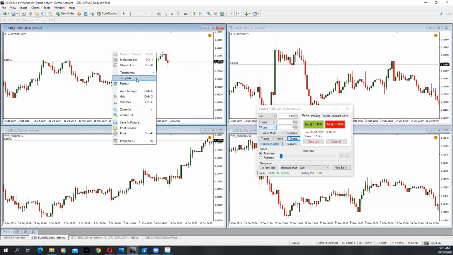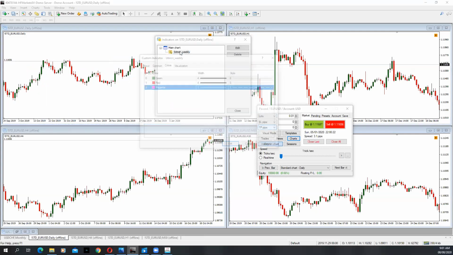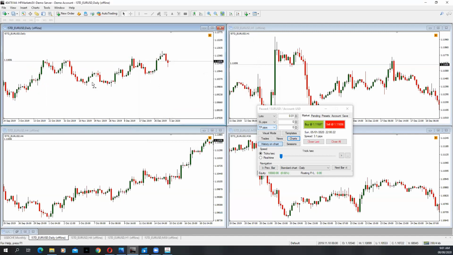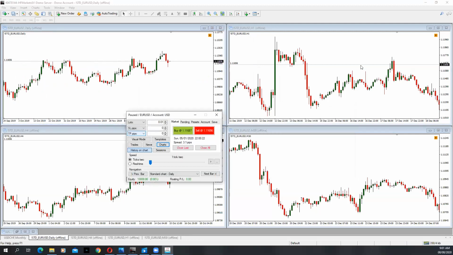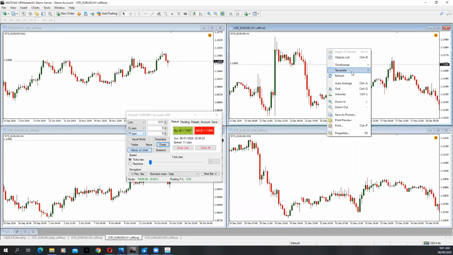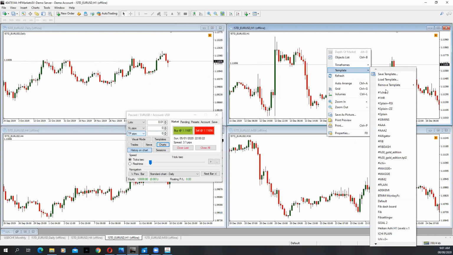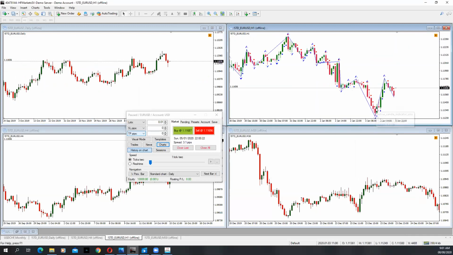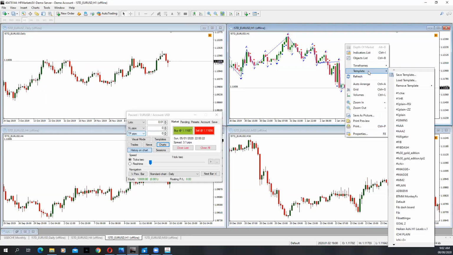I don't know why it's not showing here. You could also use it with the zigzag. Trying to find the template.